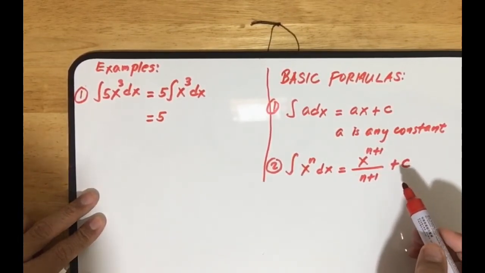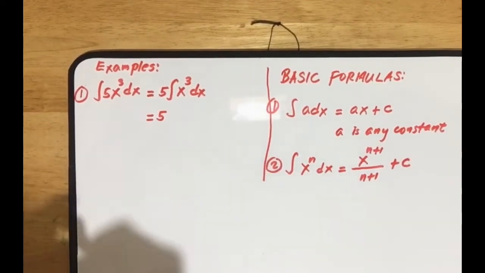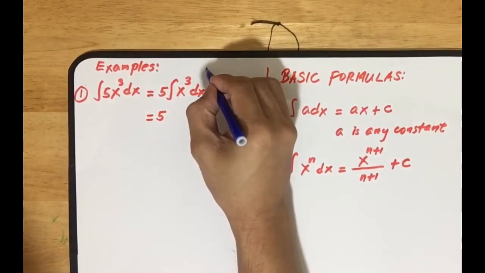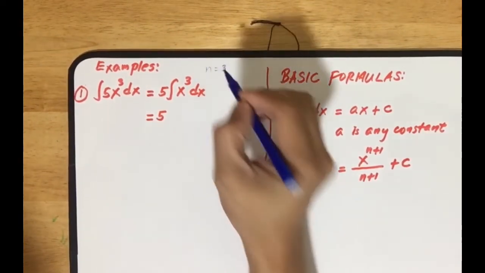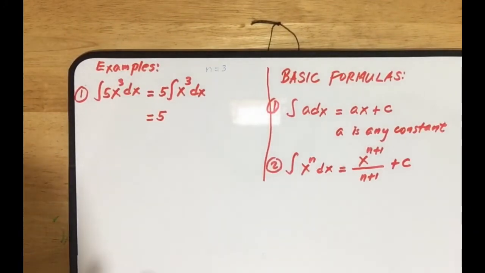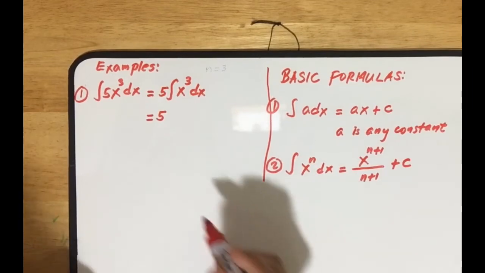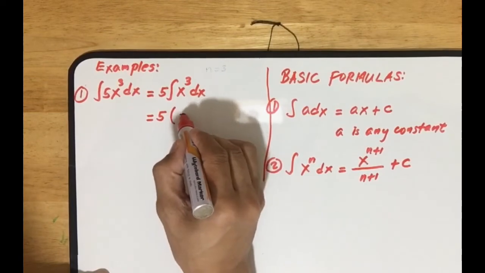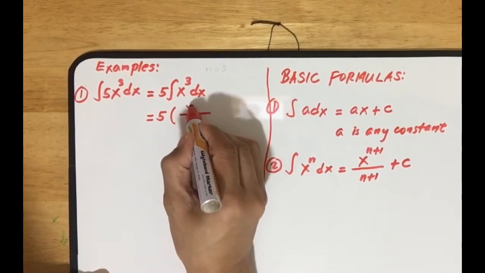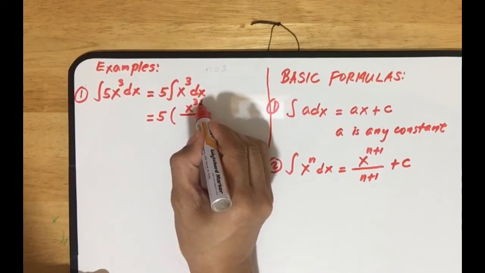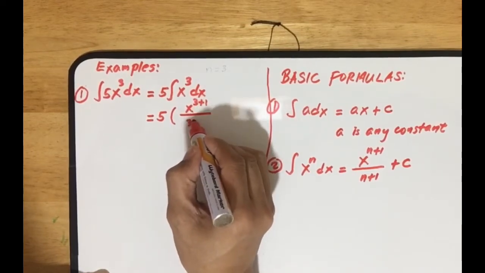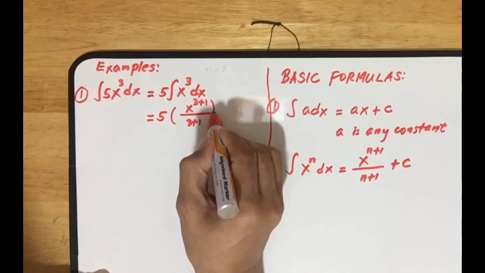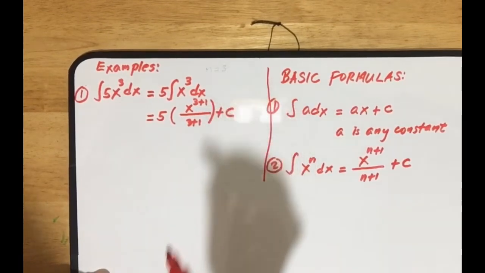So our n in this example is equal to 3. Applying this formula, we have 5 times x to the power 3 plus 1 divided by 3 plus 1, then plus c.